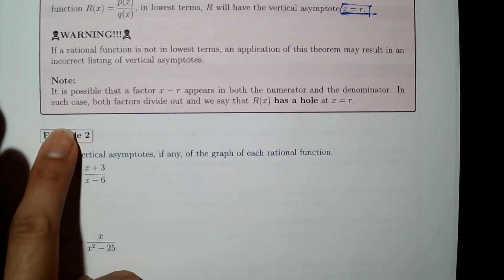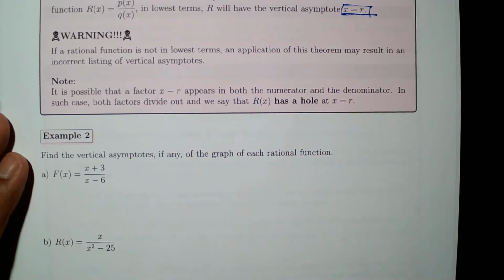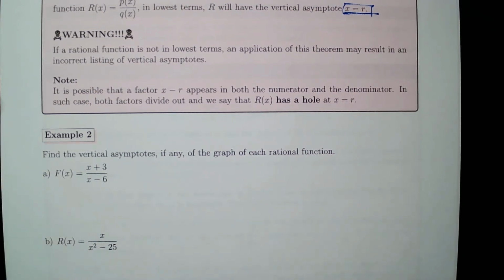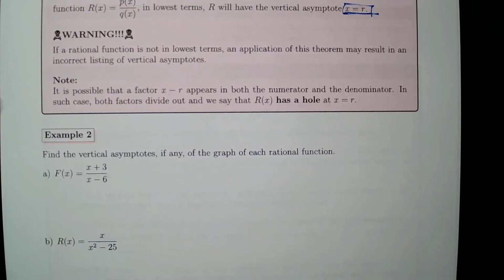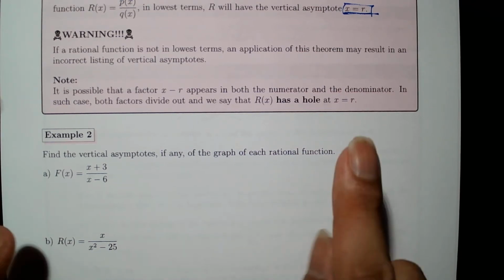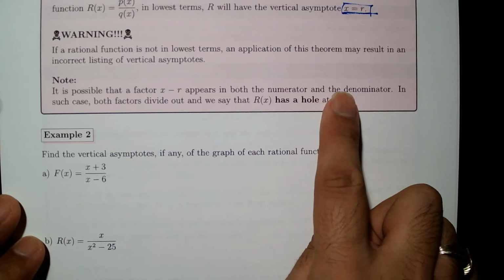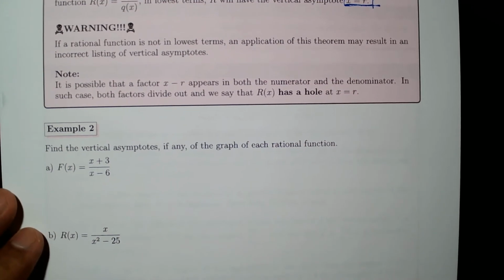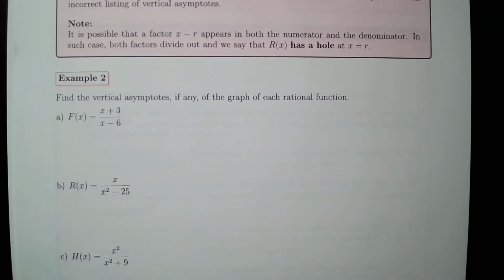Sometimes we are going to have factors that divide out, like the one we had in the previous example. Notice how one of these factors divided out, but in that case the graph of the function has a hole at that value of x. I'll show you more in detail about those holes.